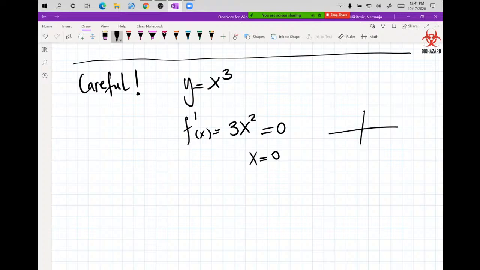Your tool is to pick a point to the left and a point to the right, and see if both of those points are above or both are below. But when you make these two choices, -1 cubed is -1 and +1 cubed is 1. See, one is lower, one is higher. Well, that's not going to be a min or max.